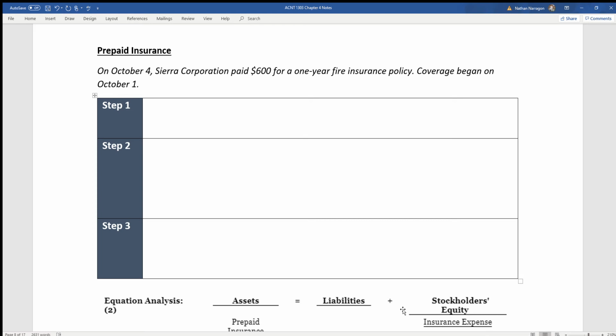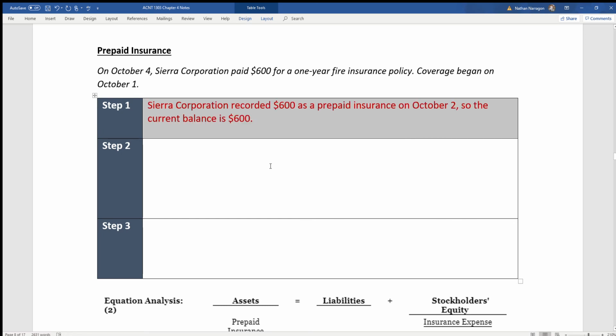Coverage begins on October 1st. Now, again, their ending period is October 31st. So we know at least 1 month got used up. So first off, again, what's currently in our prepaid? Well, 600.